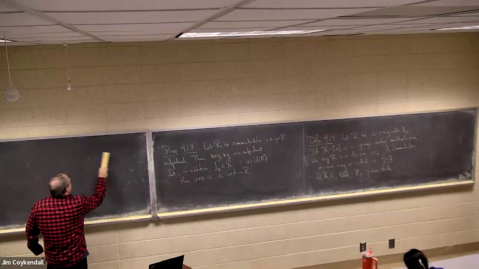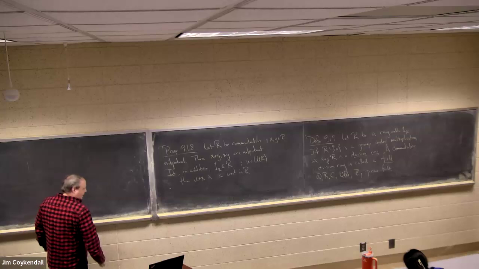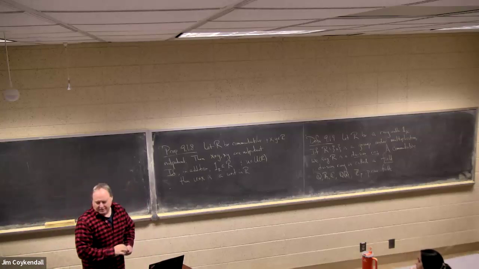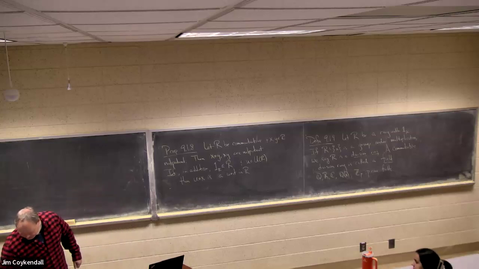Can anybody give an example? This is a little trickier. Can anybody give an example of a division ring that is not a field? That is a division ring where the multiplication is not commutative.